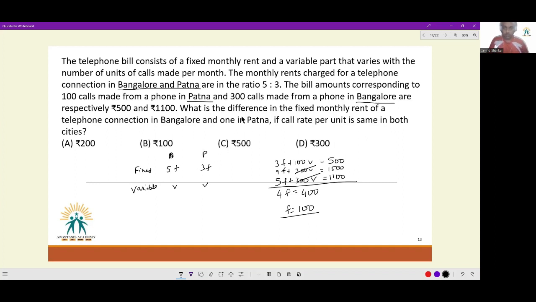Now see, what is the difference in the fixed monthly rent of telephone connection in Bangalore and one in Patna? This is 5F, this is 3F. The difference is 2F. If F is equal to 100, the difference should be 200. So option A will be the right answer.